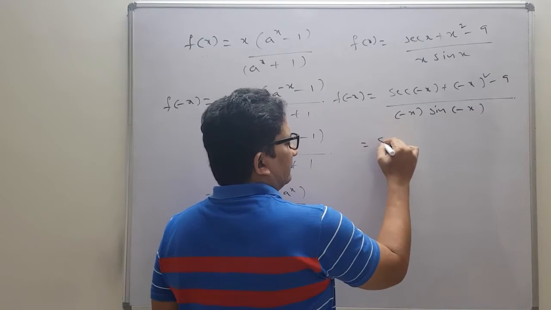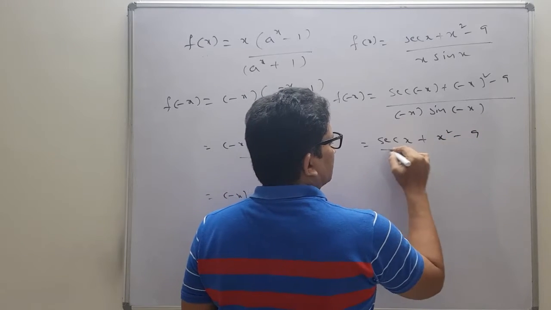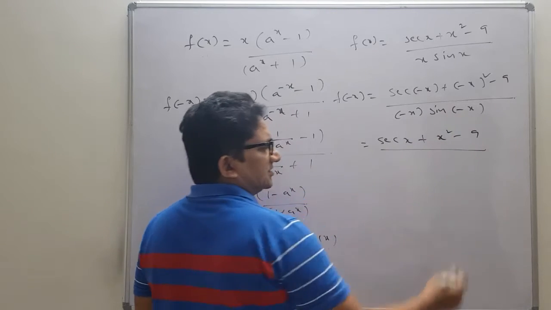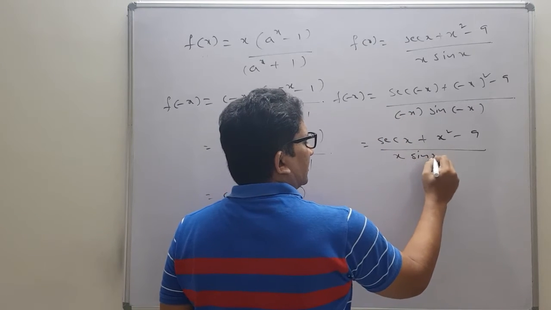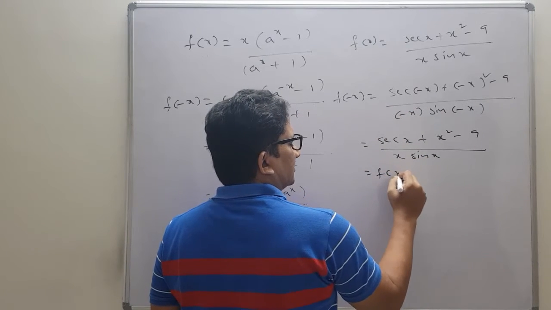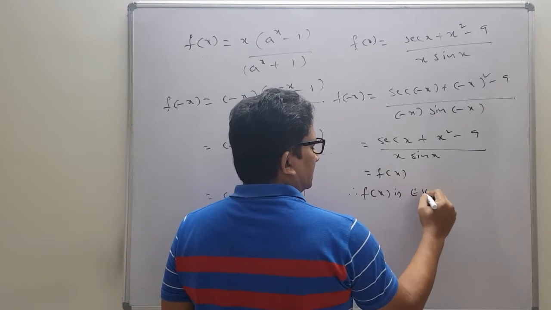We know that secant of minus x is secant x, and (minus x) whole square is x square, minus 9, divided by, sin of minus theta is minus sin theta. So minus of minus is plus, and we get x sin x, which is nothing but f of x. Therefore we can declare f of x is even.